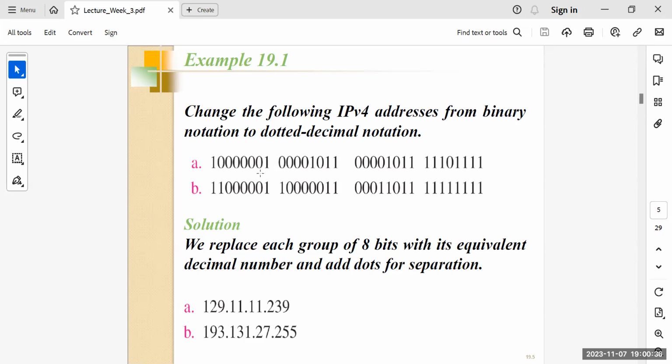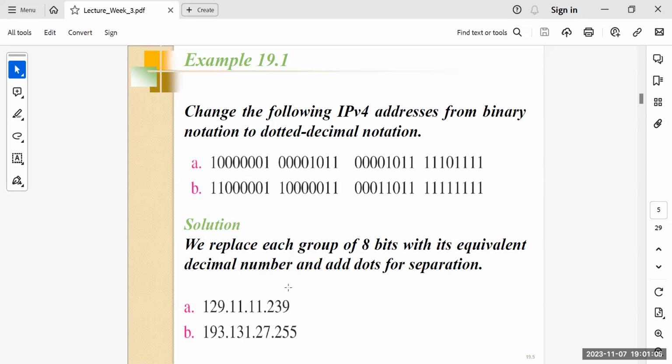Obviously you can see that this is the 1 on the 0th position of the 4th byte. So 2 power 0 is 1, and 2 power 7 is 128. So 128 plus 1 is 129. If you don't have a calculator, even then numbers like that are quite easy to compute. You can see that this is 1011. This is quite simple. That is 11 in decimal, and similarly this is 11, and this is 239.